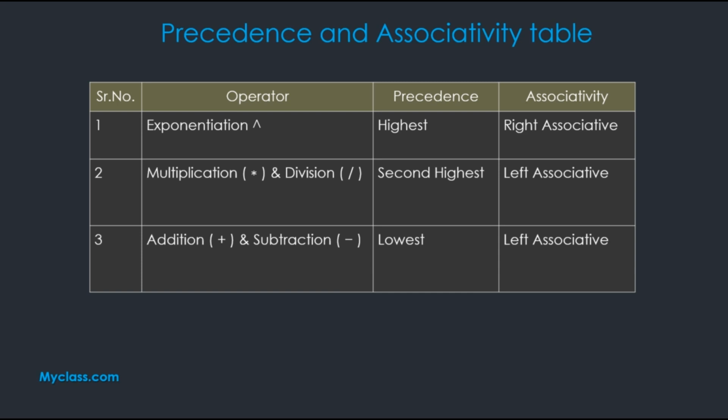Multiplication and division have the second highest precedence, and they are left associative. Addition and subtraction have the lowest precedence and are also left associative. Only the exponential operator has the right associativity rule. So that is all about the precedence and associativity table.